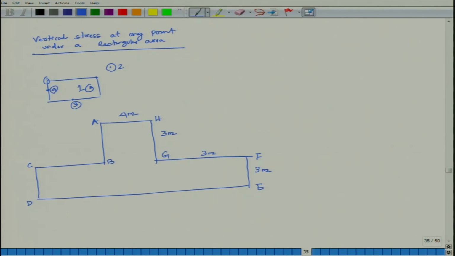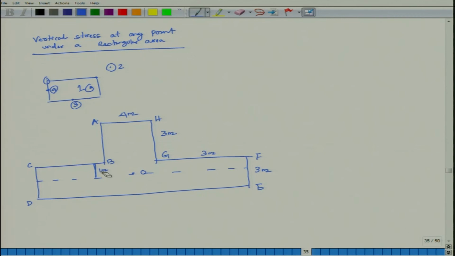So, it has been asked, find the increase in stress at a point, this position, look here, this is your point O, at a distance 1 meter below the CB line. How are you going to do it? I have to make it into equivalent point loads.